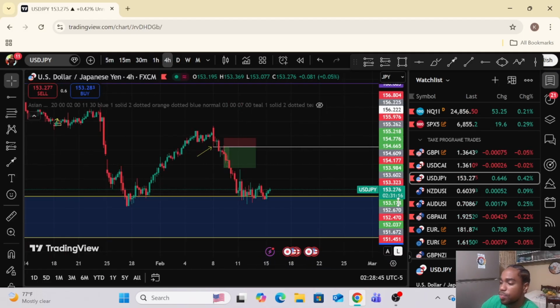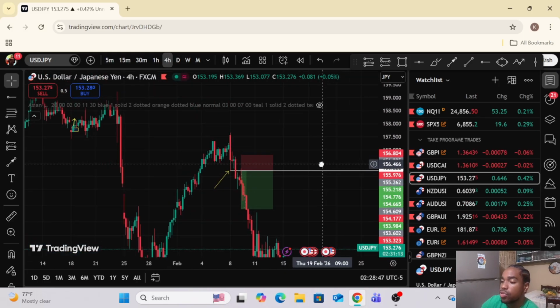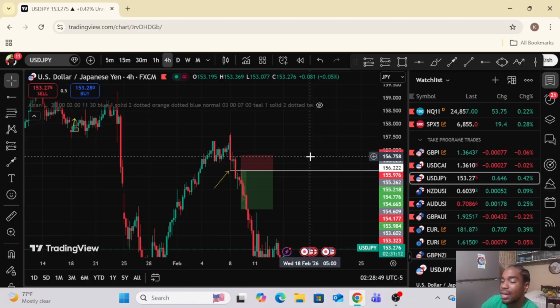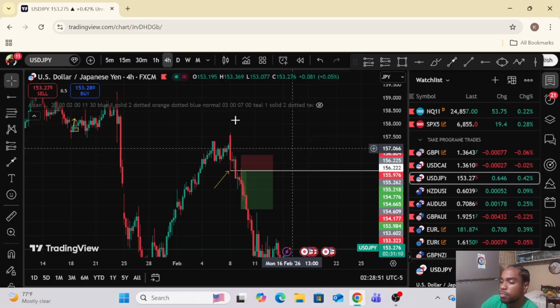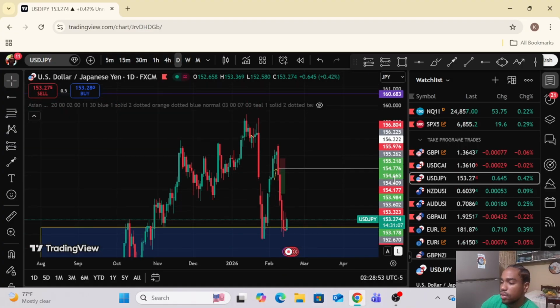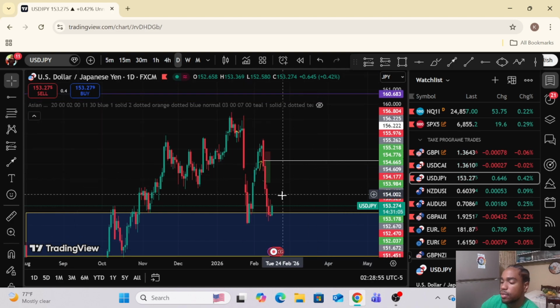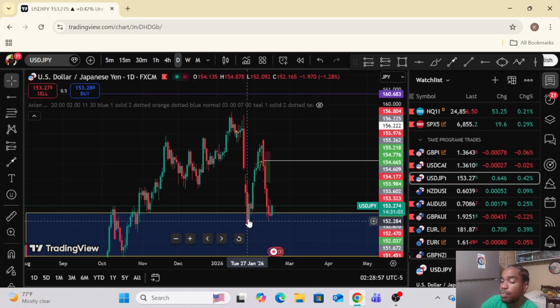So on USD JPY, I also took an L and a W on this one. Let's just take a look at it. On the daily, we could see that price has been pushing to the upside wonderfully.